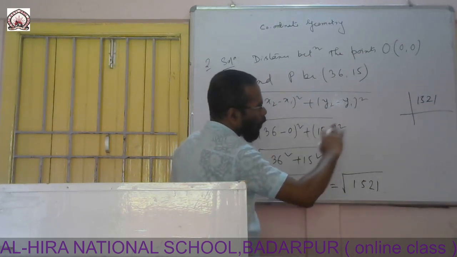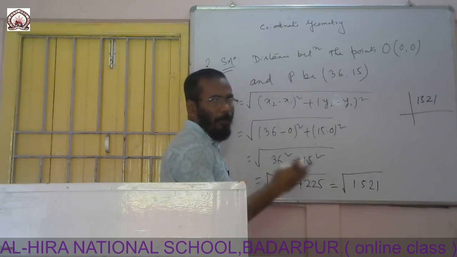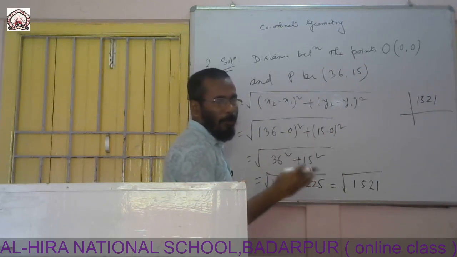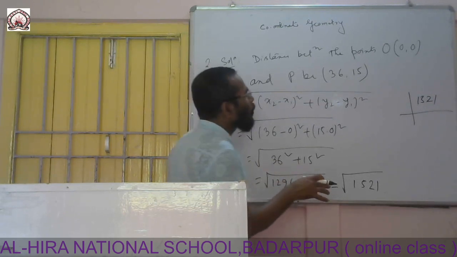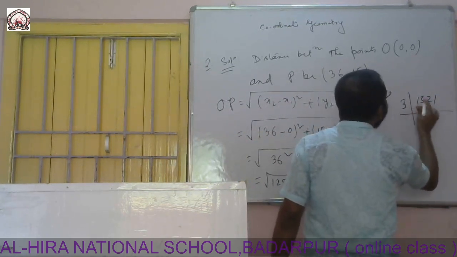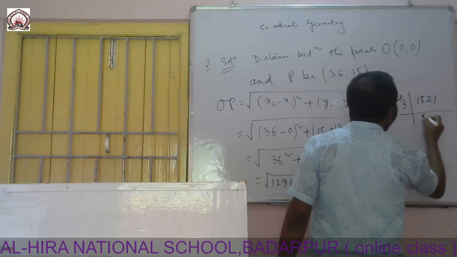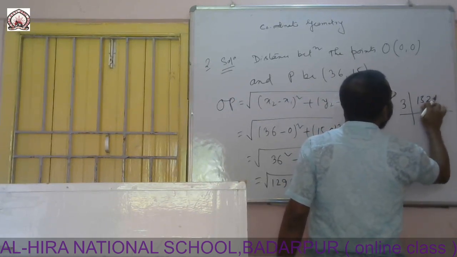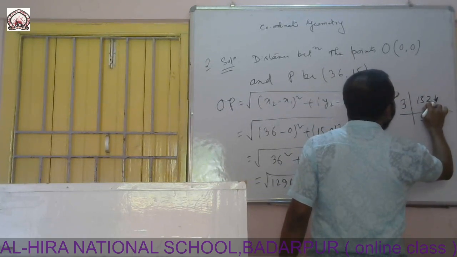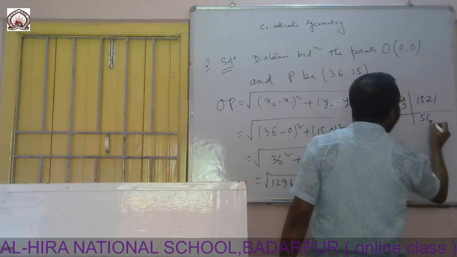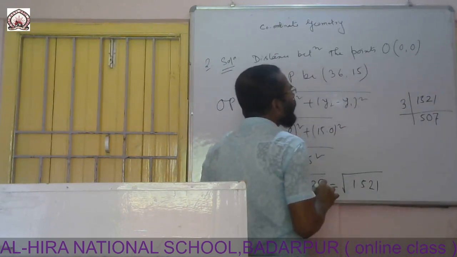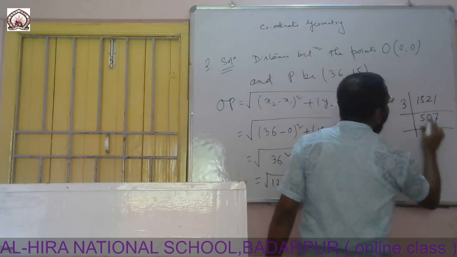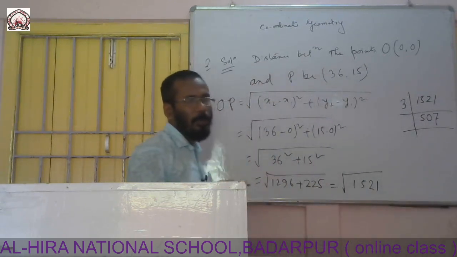If we add all the digits, 1 and 5 is 6, 6 and 2 is 8, 8 and 1 is 9. 9 is divisible by 3, so the number is divisible by 3. Dividing by 3, we get 507.